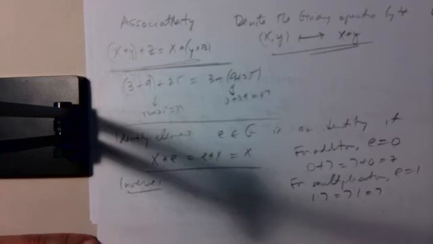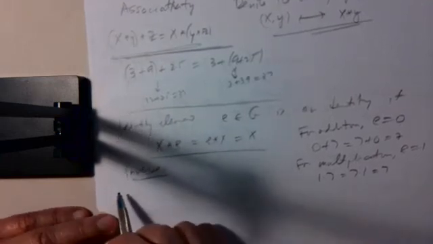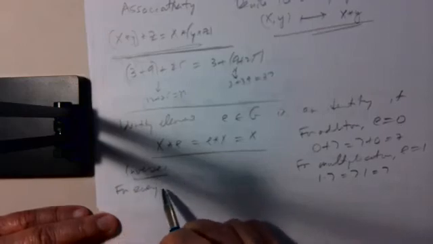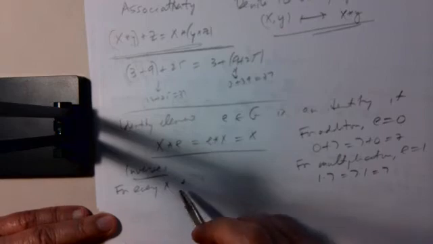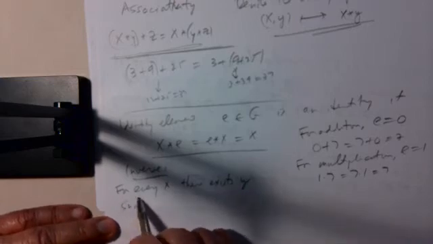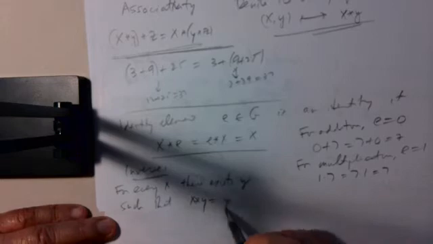And inverses. The binary operation has inverses if for every X, there exists a Y such that X times Y and Y times X is equal to the identity.